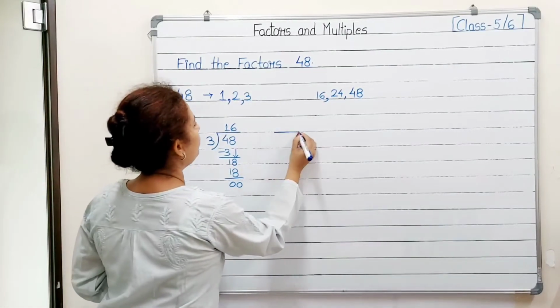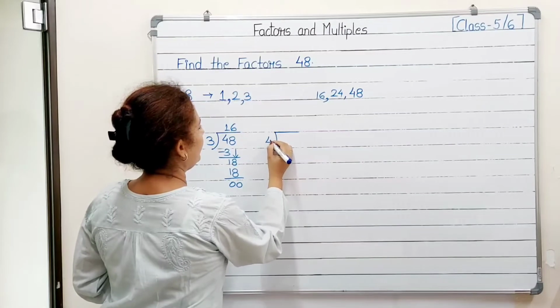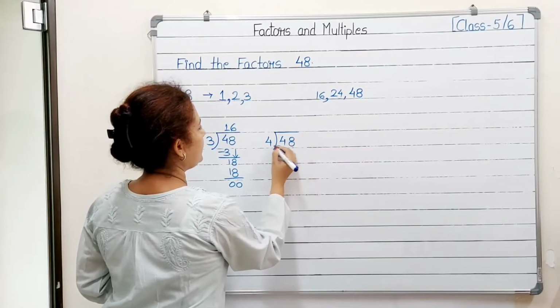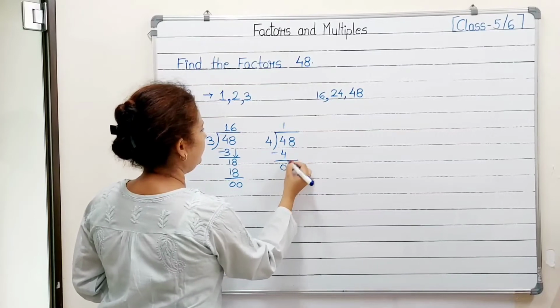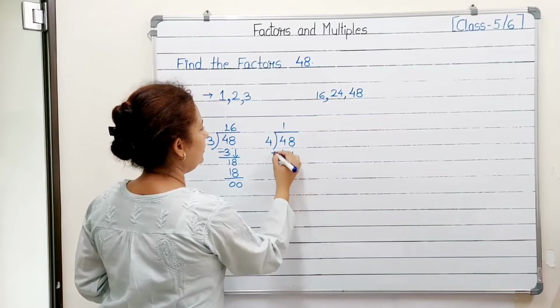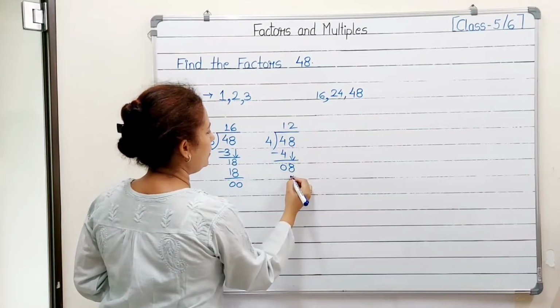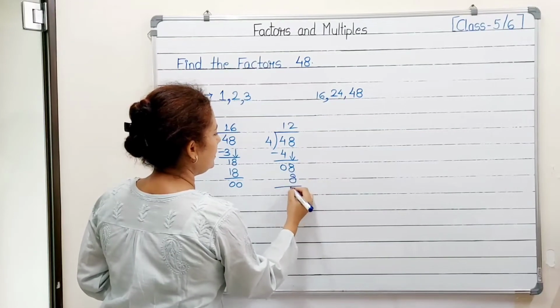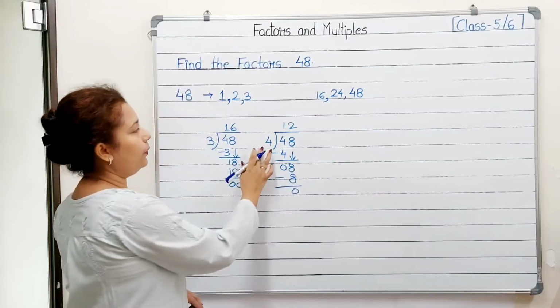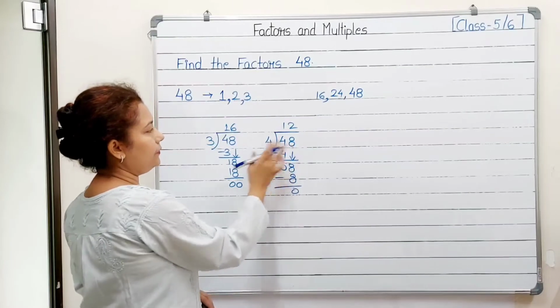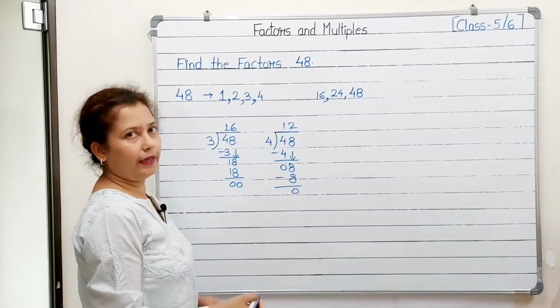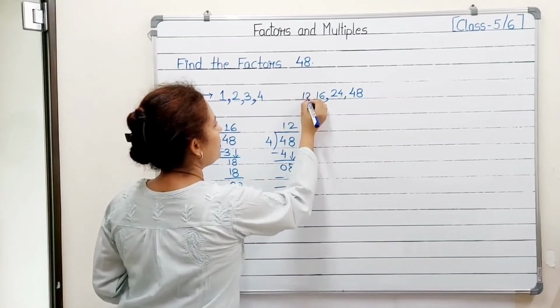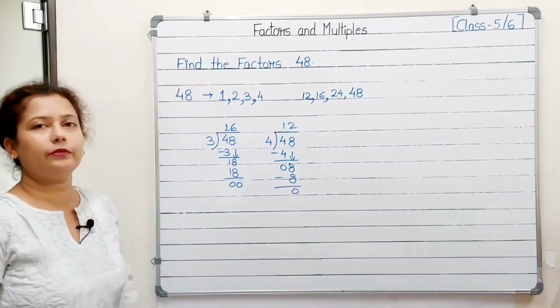Next is 4. 48, 4 into 1 is 4, 8 down, 4 into 2 is 8, 0. So 4 into 12 is 48. That means 4 is a factor of 48 and 12 is also a factor of 48.